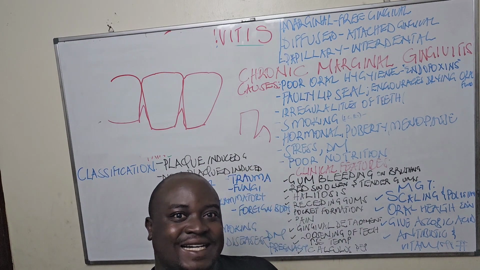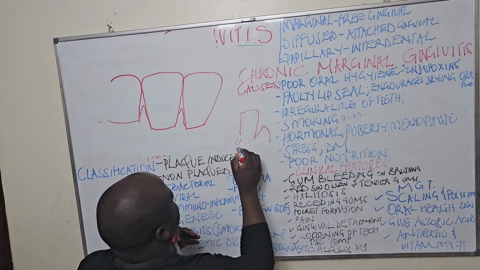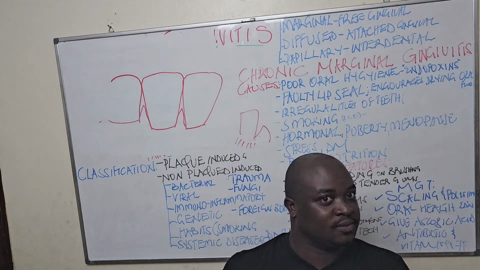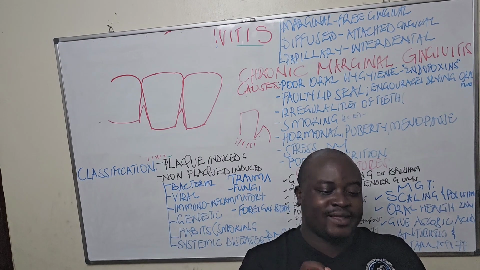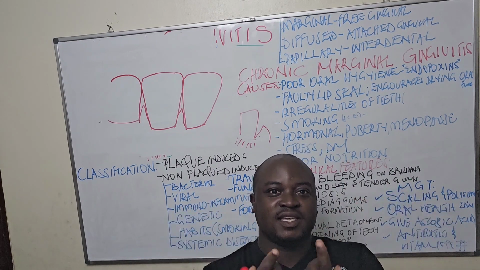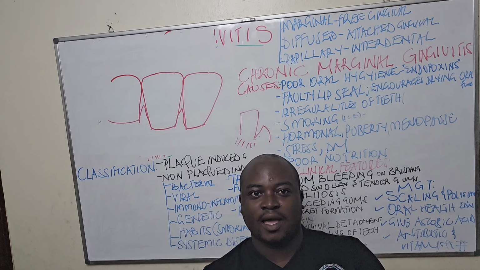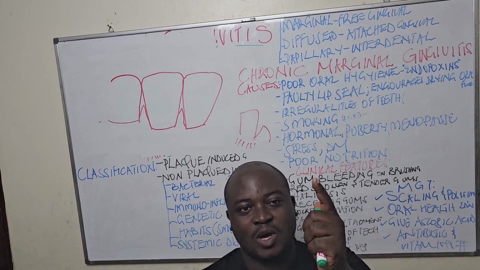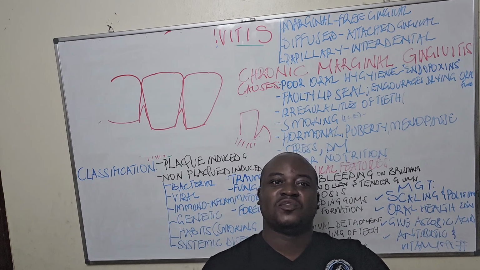We also have the attached gingiva, as we discussed in the previous video. And we have what we call interdental gingiva, the type of gingiva which is in between the teeth. If you've not watched that video, please go back and watch the video about the gingiva. We have three types of gingiva.